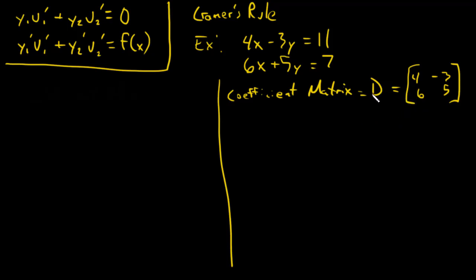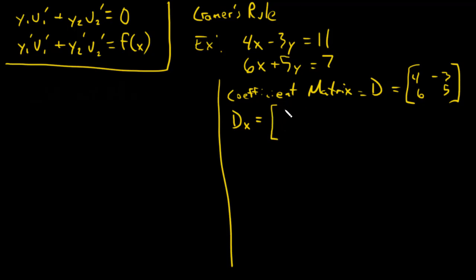Now, the submatrix D sub x is kind of an odd thing. What we're going to do is eliminate, basically take this column out right here and work with the remaining pieces, but we're putting the coefficients first, kind of like they're wrapping over.